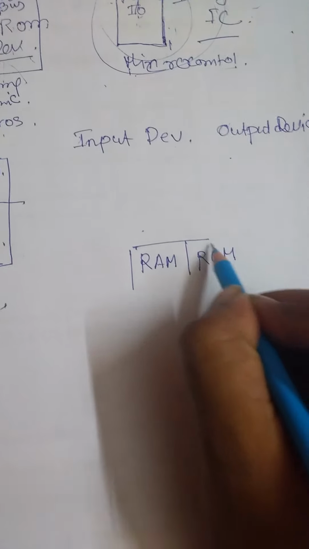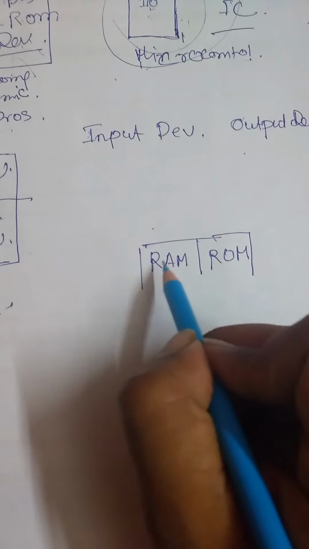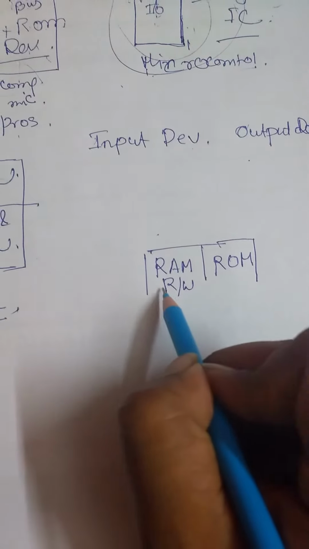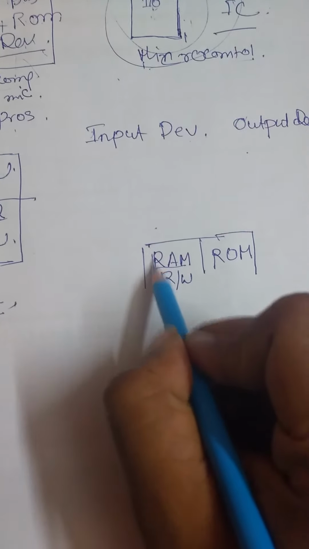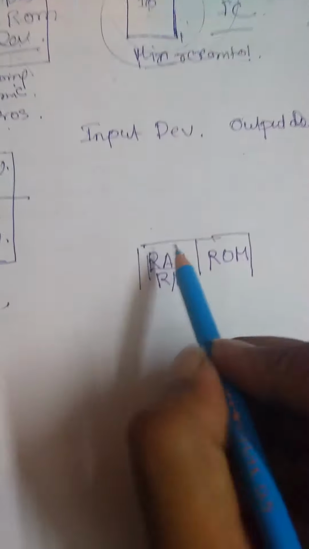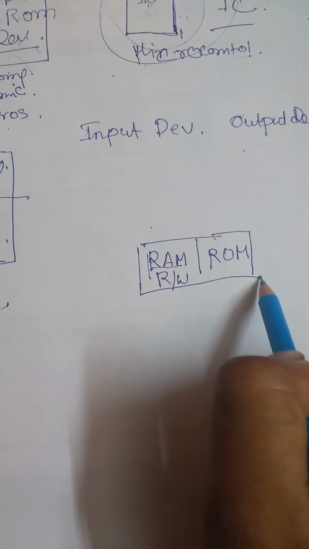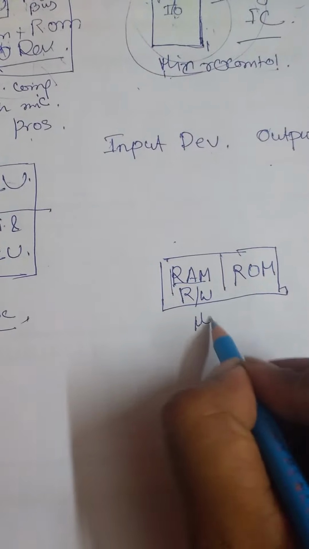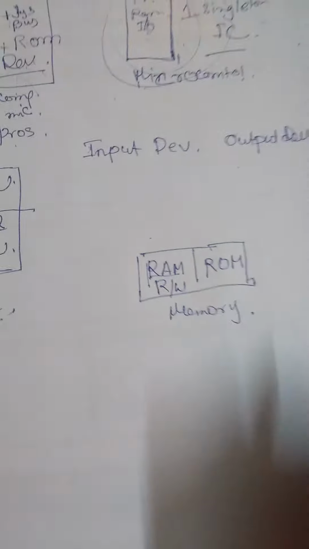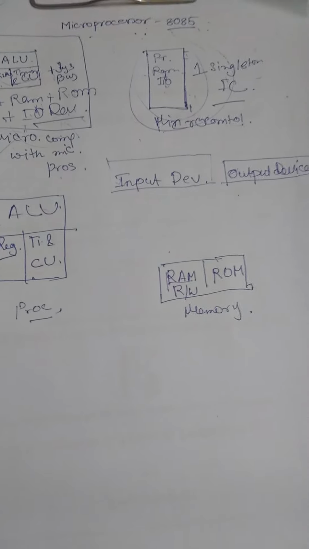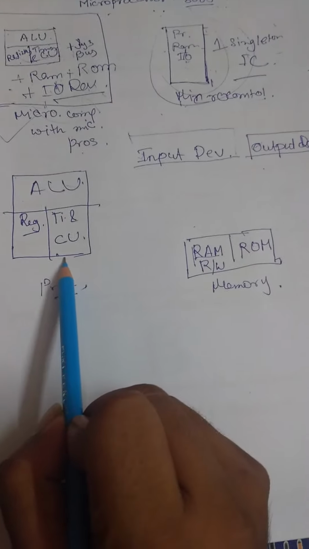Basically, RAM is a read and write memory. For simplicity of understanding, let us say this is the RAM, and this ROM is a read-only unit. So this is the memory. Now, how will this processor unit communicate with these?